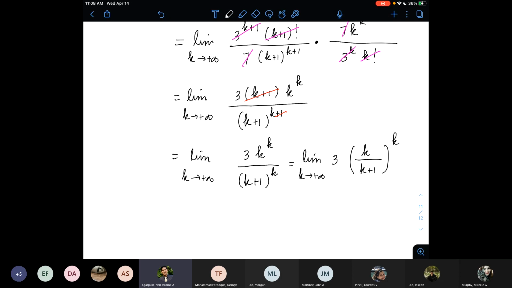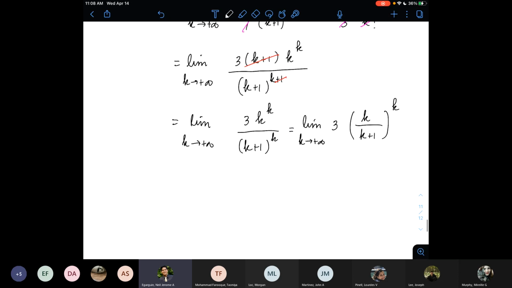And then we are trying to evaluate the limit, but that won't be straightforward here because as k increases indefinitely, k over k+1 will approach 1, right? K approaches infinity, so basically this factor here will go to 1 raised to infinity, which is indeterminate because the base is not exactly 1, it's a number that goes to 1, right? So it's something close to 1 raised to the infinity.